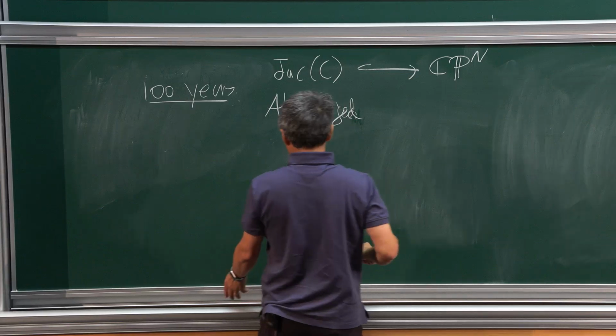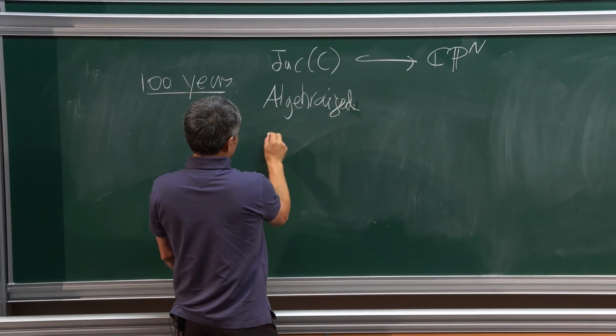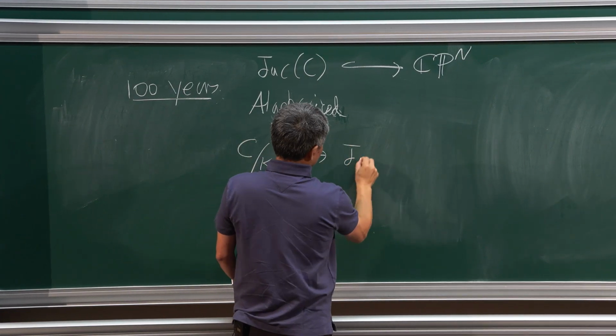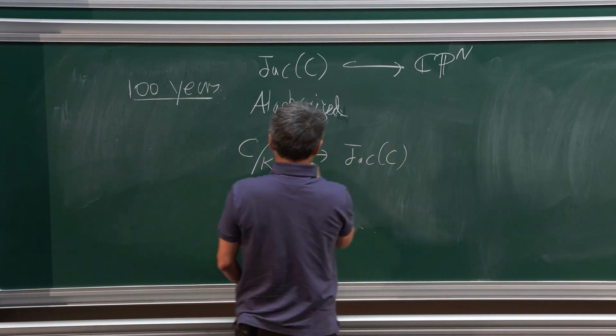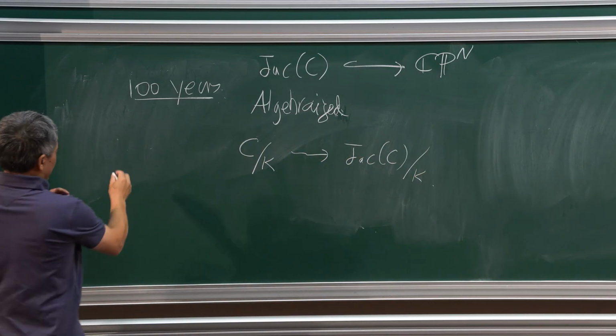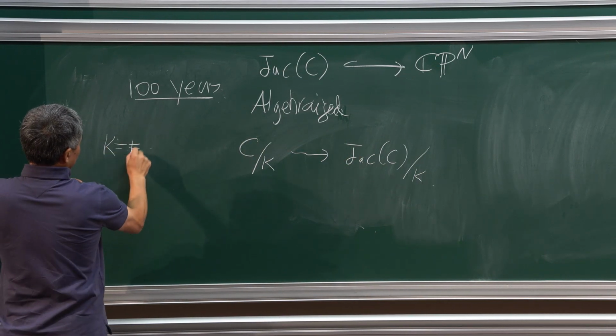Essentially, he can prove that if C is defined over a number field K, this implies that the Jacobian of C is also defined over K, if K is a number field.